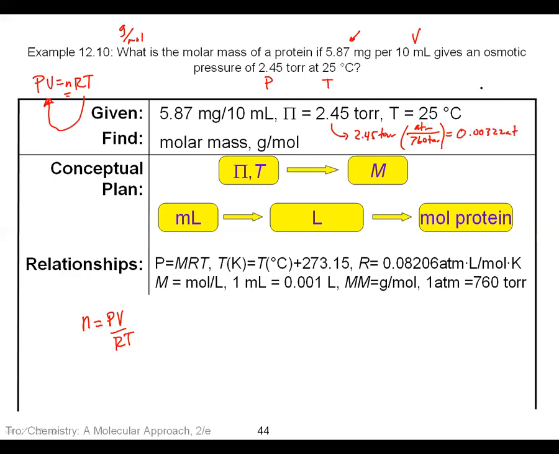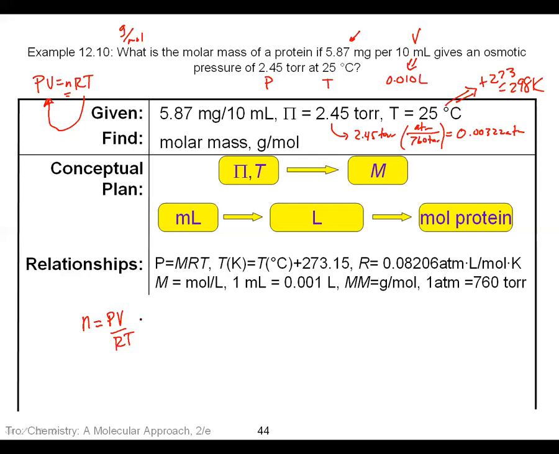We obviously need to convert our temperature into Kelvin. So we're going to add 273 to that, going to get us to 298 Kelvin. And in this case, we're going to take our milliliters and convert it to liters. So we're going to divide by 1,000, 0.01 liters.